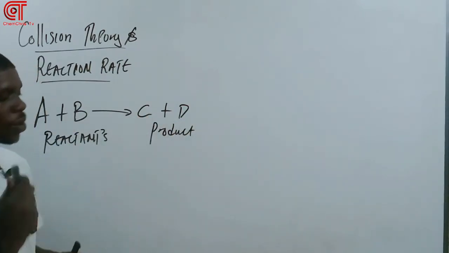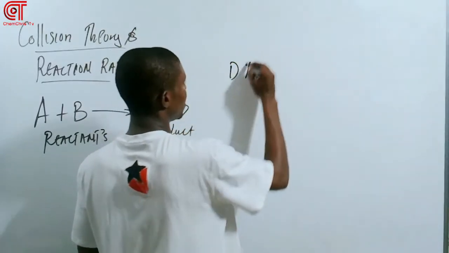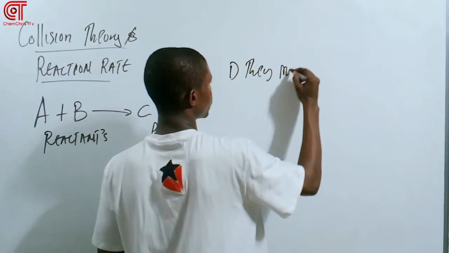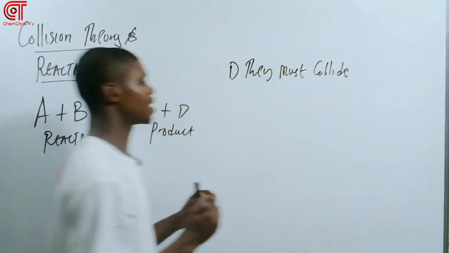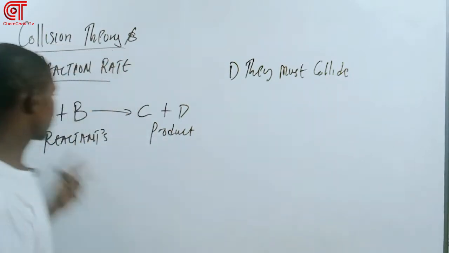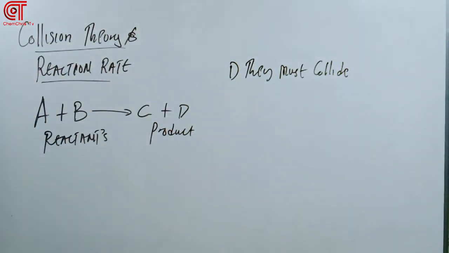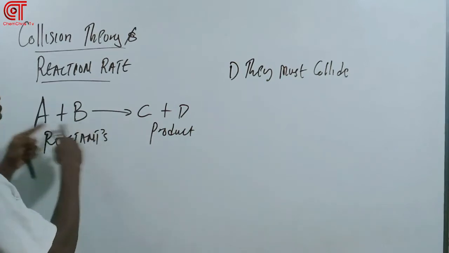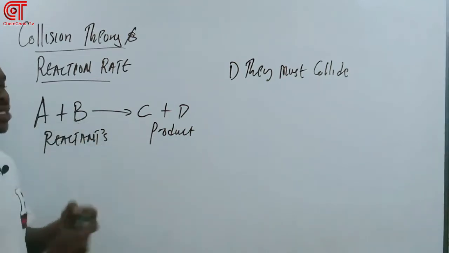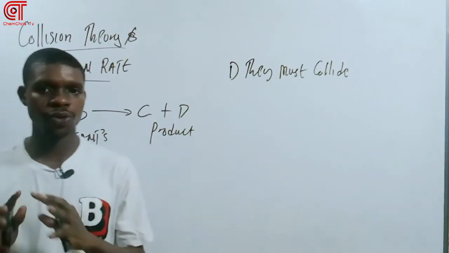Now one of the conditions is that they must collide. There must be a collision between the reacting species. If there is no collision, then the reaction will not take place.